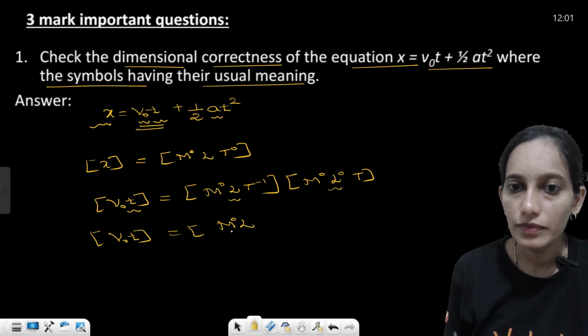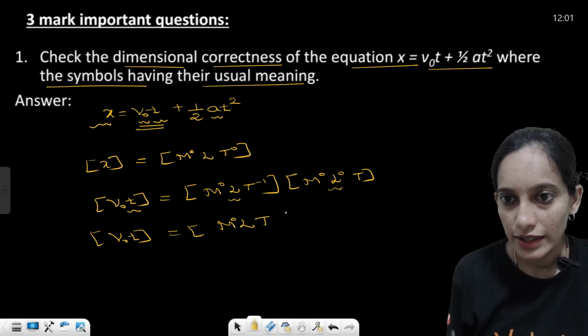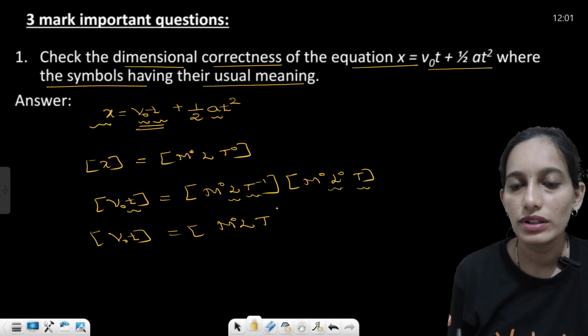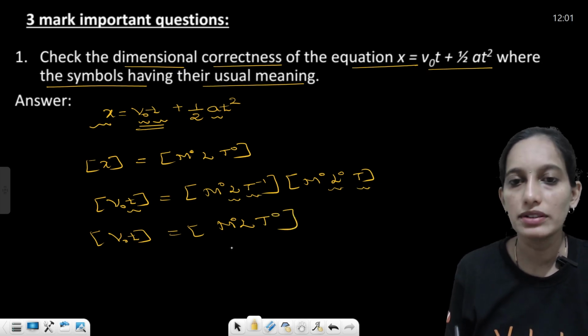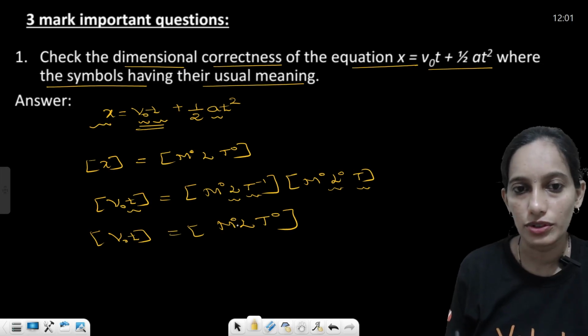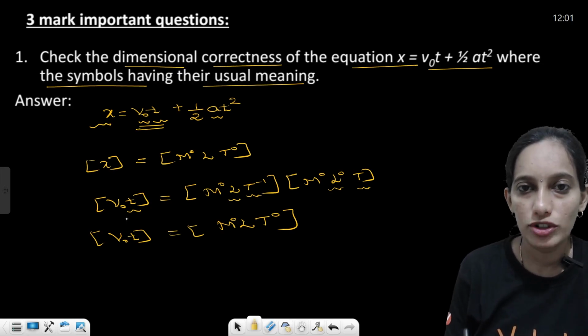M0 L T raised to minus 1 is here, and here it is T power 1, which will just cancel out and give us T power 0. So M0 L power 1 T raised to 0 is the dimension of the second term.